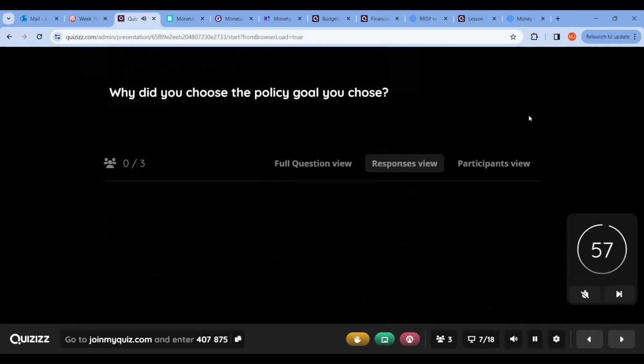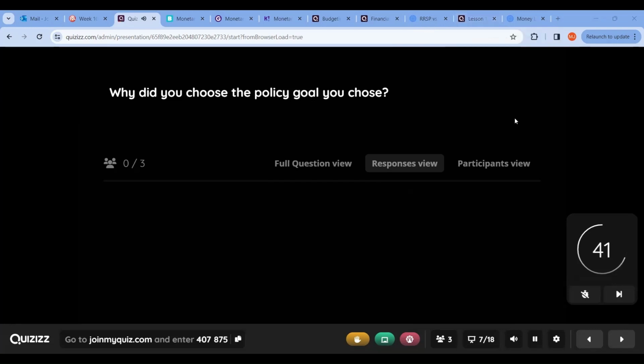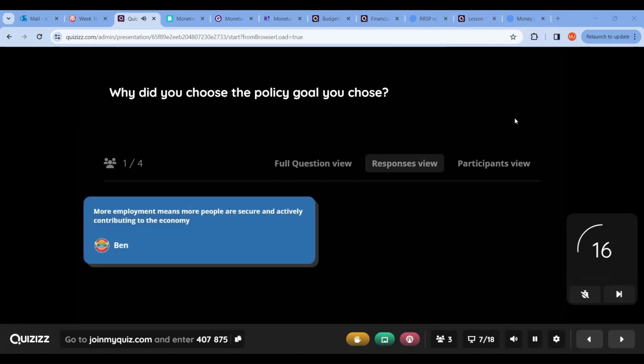Why did you choose the policy goal you chose? Ben says more employment means more people are secure and actively contributing to the economy.